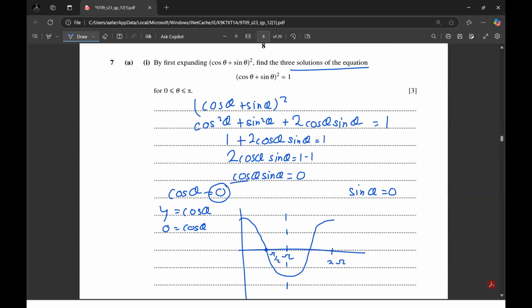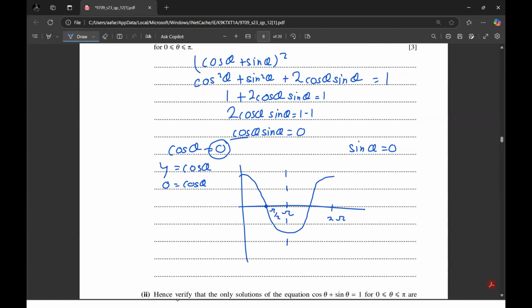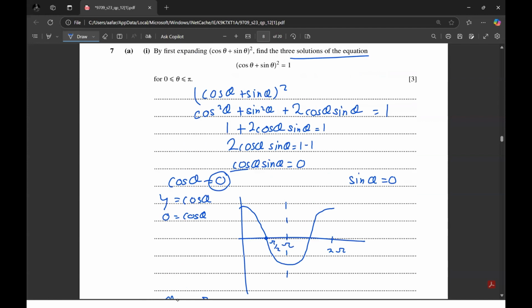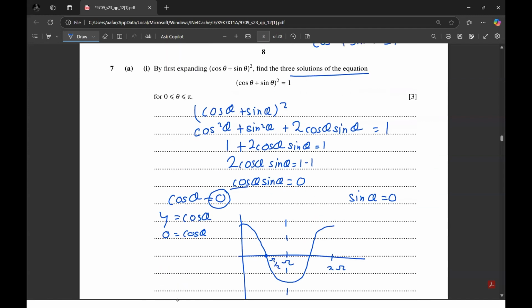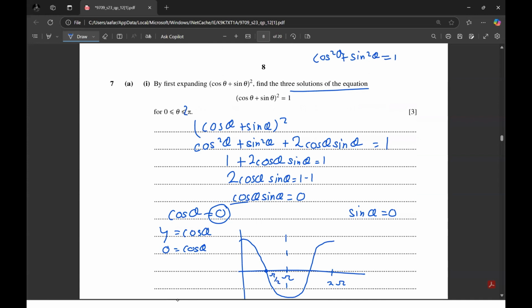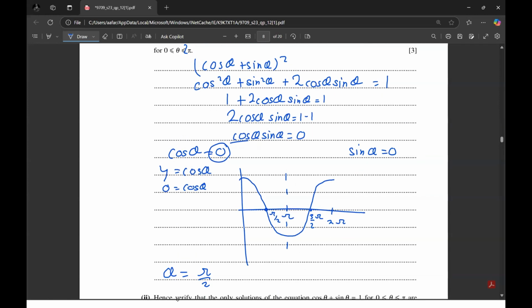So we can say that theta is equal to pi over 2, and that is the only solution in this case. We don't have any other solution. If the domain was 2 pi, then we'd say it was pi over 2 and 3 pi over 2, which would have been two solutions. But since we have a restricted domain, that's our solution.